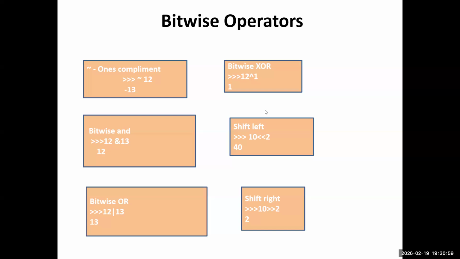In the example I have given here, in 4-bit representation 0 is 0000, 1 is 0001, 2 is 0010, and 3 is 0011. So this is your input.